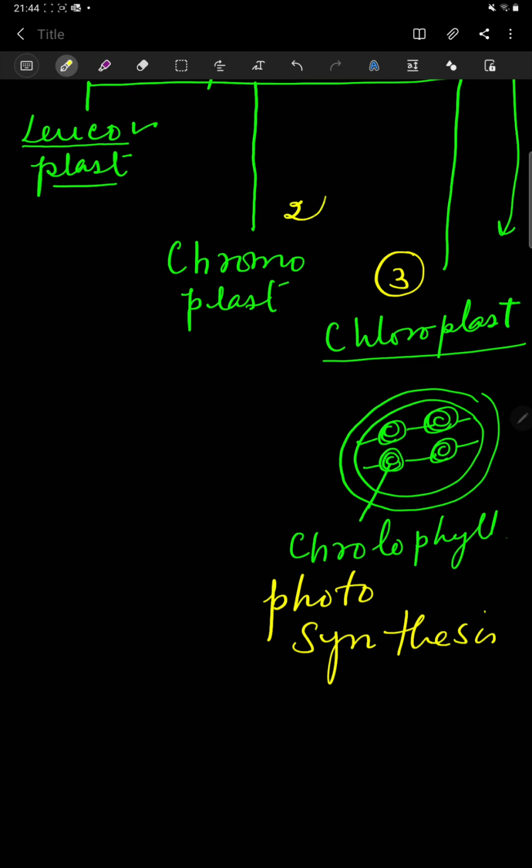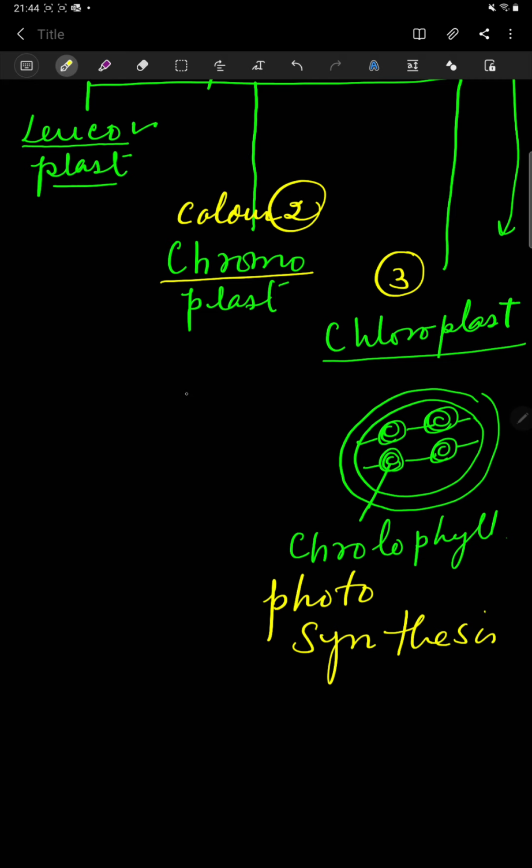Now come to the second one. The meaning of chromo is color, C-O-L-O-U-R. That means the plastids having different colors are termed chromoplasts.